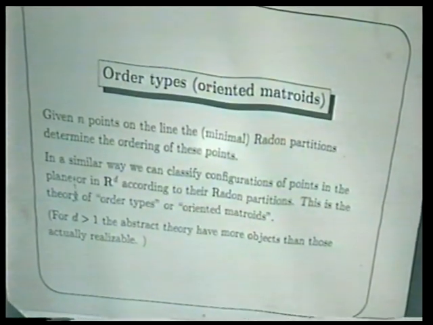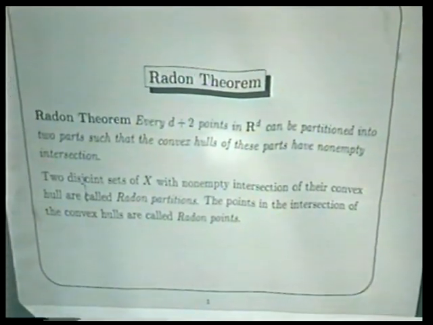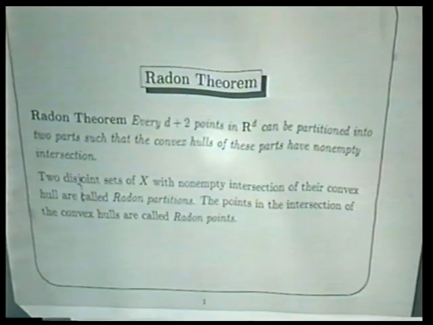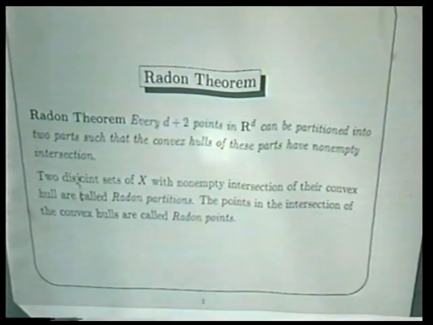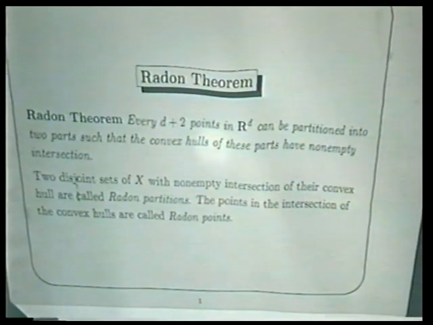I forgot to say that such a partition is called a Radon partition, and the point which lies in the intersection of the convex hulls is called the Radon point.